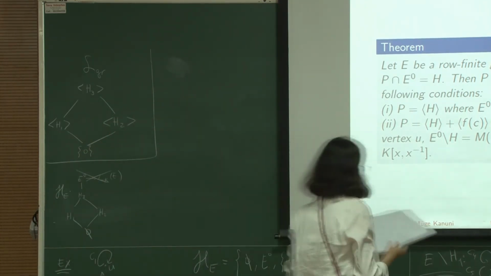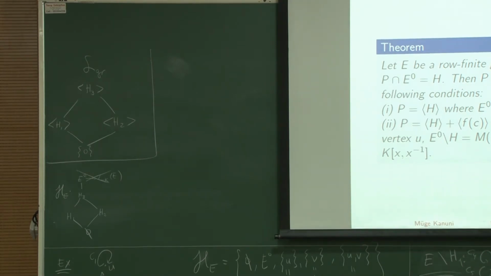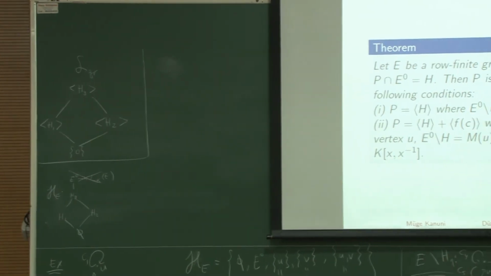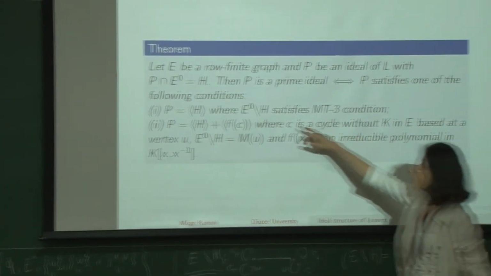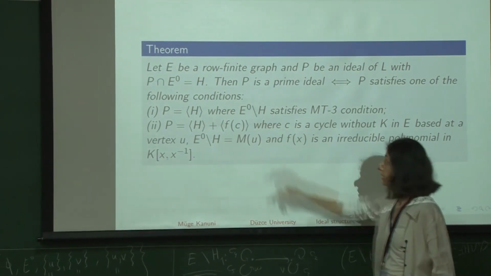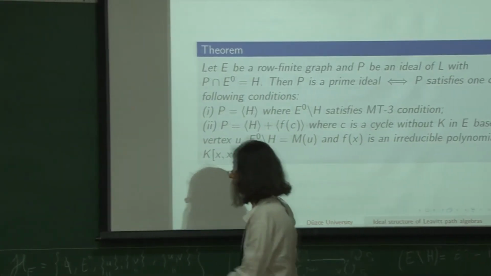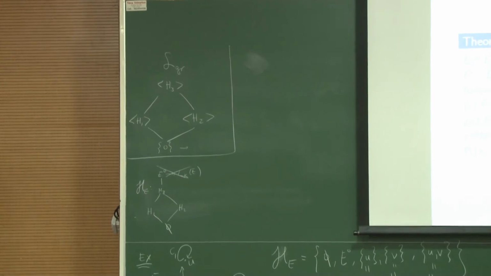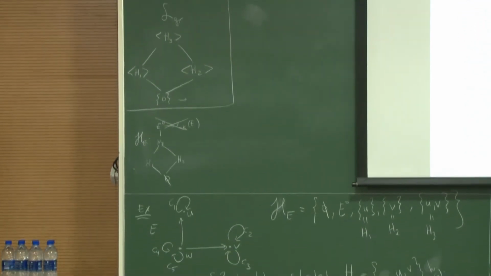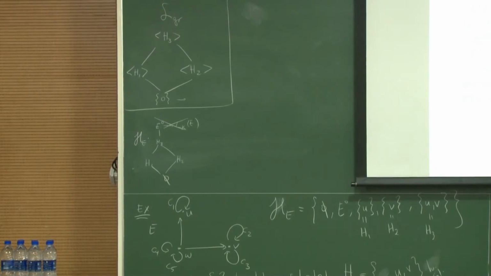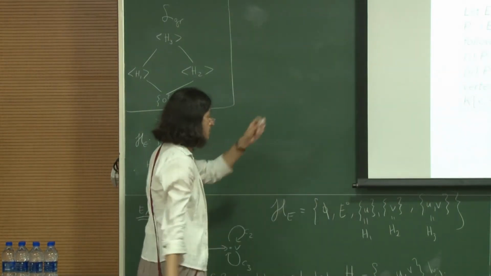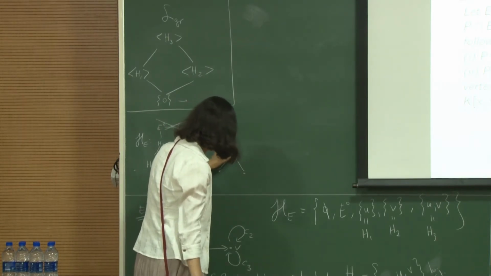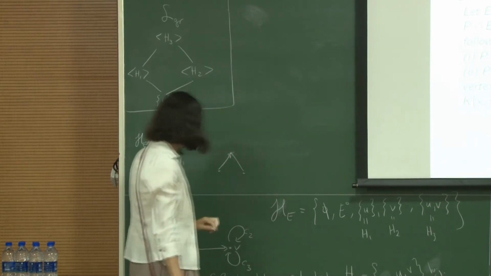Now let's see. Are any of those prime? In order for them to be prime, I have to look at the quotient. Now, the graph itself, or if you subtract the empty set, you get itself, is it downward directed? What was downward directed, or MT3, same thing? If you have 2 vertices, you have to find a common vertex that they join into.